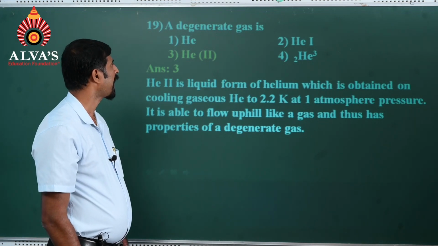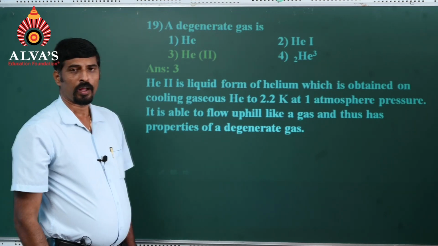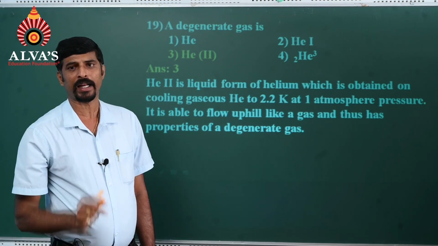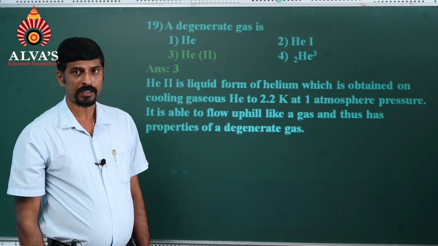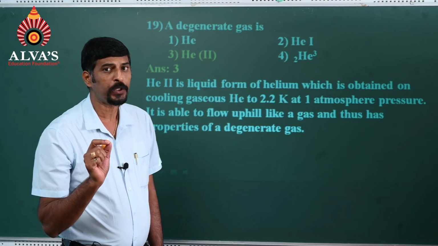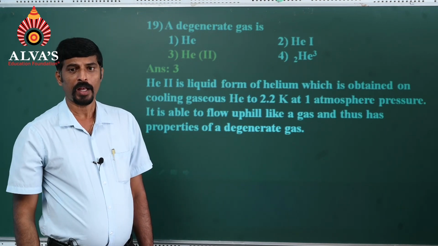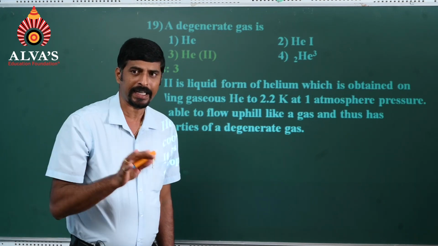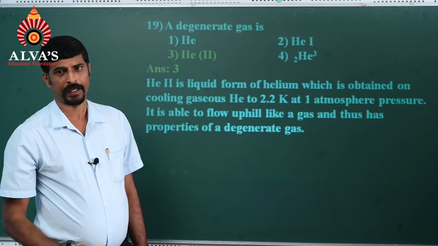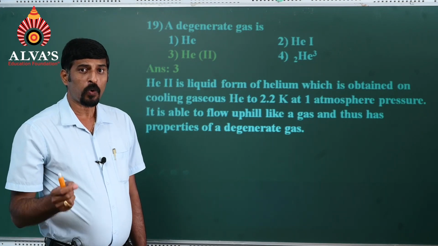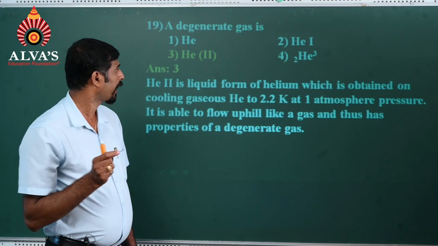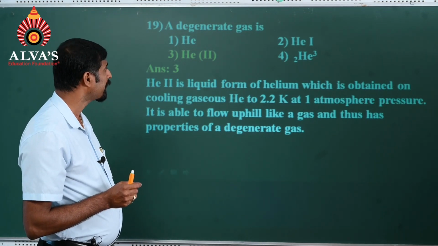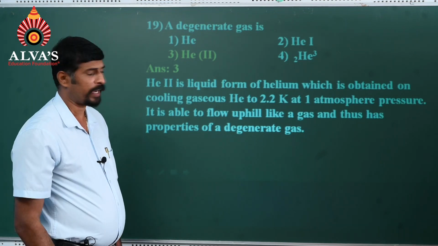A degenerate gas is. We know that the lowest boiling liquid known to mankind is helium. That is, it boils at 4.2 Kelvin. Now, we know the property of liquid. Suppose you pour it in a container, it remains in the container. But if you cool liquid helium to 2.2 Kelvin, helium-2 is formed.